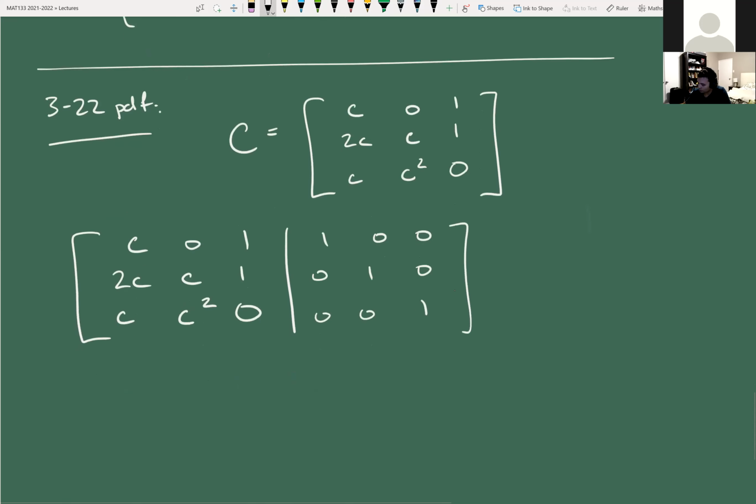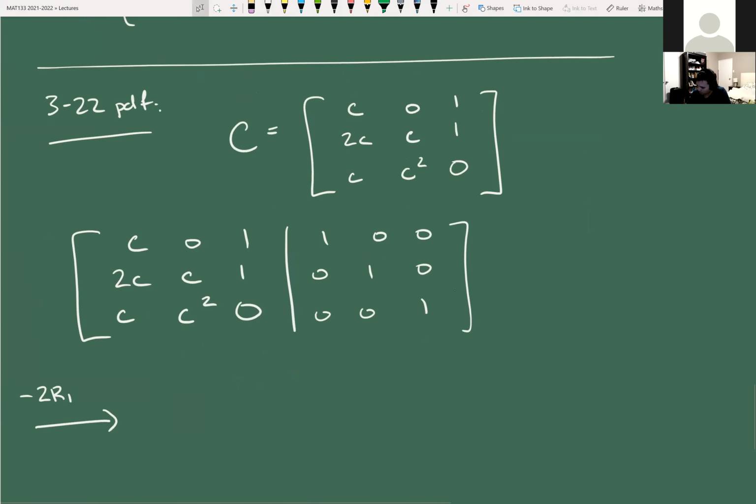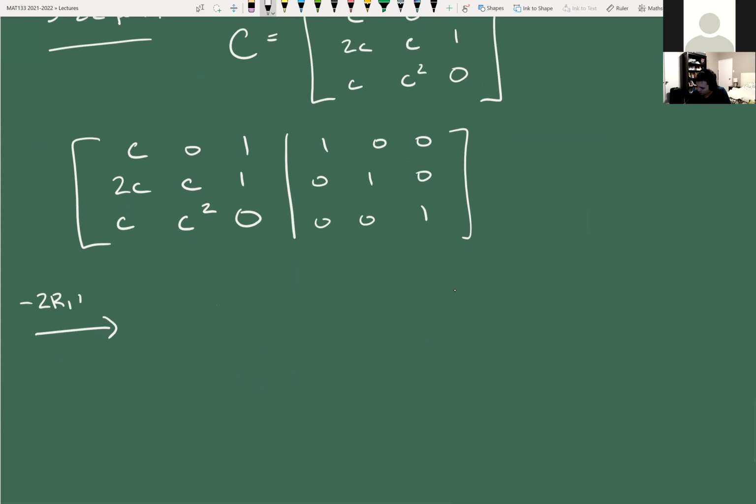So if we go through it, and I guess we can actually do it. So let me see. I'm going to do, and everyone double check my row reduction, right? Because I'm doing this live. So -2 row 1 plus row 2 into row 2, and then negative row 1 plus row 3 into row 3.